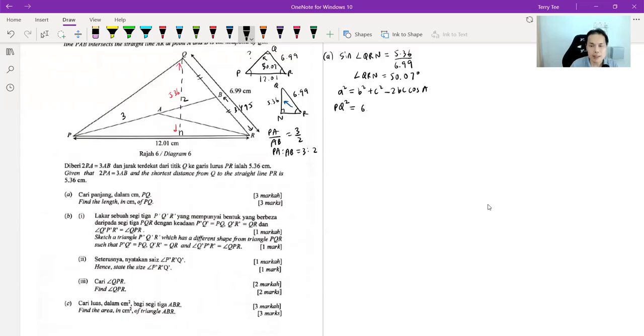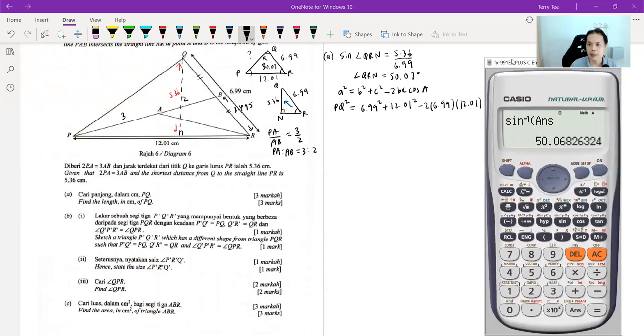My B will be 6.99. I square it. My C is 12.01. I square it. Minus 2 times 6.99 times 12.01 times cos of the angle in between. The angle in between is 50.07.